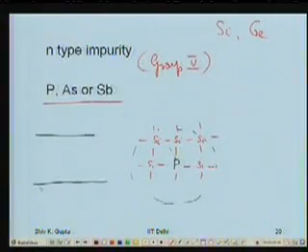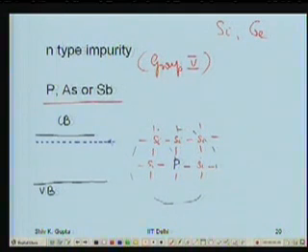This is the valence band of the silicon. This is the conduction band. This is the energy level at which this electron is from the donor. Phosphorus is called a donor because it has donated this electron to silicon.